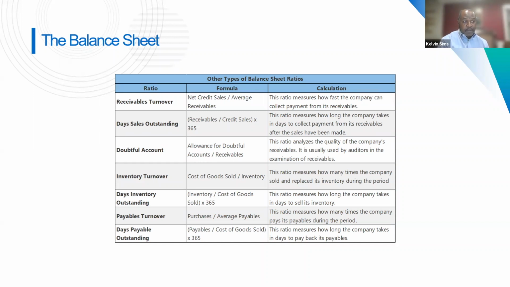Now, some people can say, well, I want to pay my bills as soon as I get them. In a business sense, that may not be the best thing to do. What you want to do is make sure you can pay your bills on time. Most places give you payable terms, so if they give you 15 days or 30 days to pay it, use it. Because if you have money in the bank, you're gaining some interest, and you can use that interest for future growth of your business.